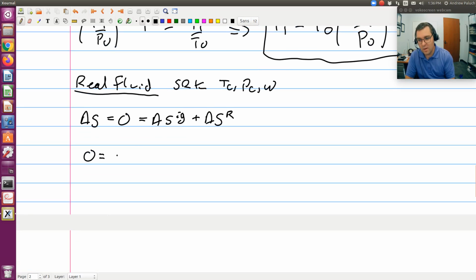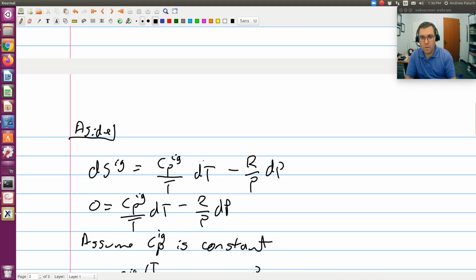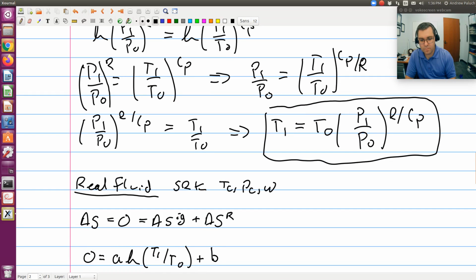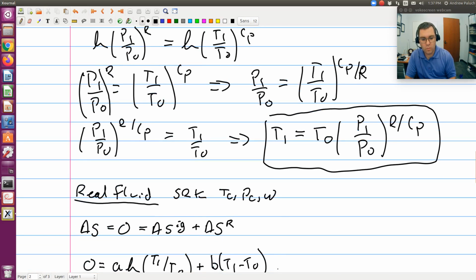So this will take a couple of lines. This would be A log T1 over T naught plus B (T1 minus T naught) plus C over 2 (T1 squared minus T naught squared), and that should be minus R log P1 over P naught.